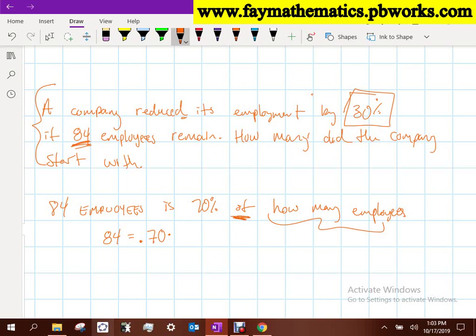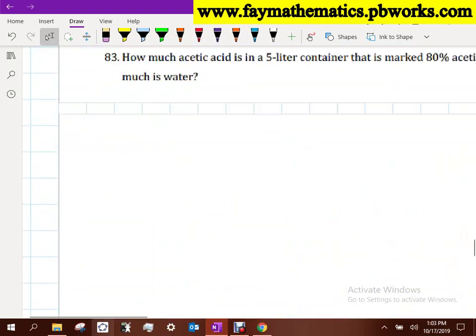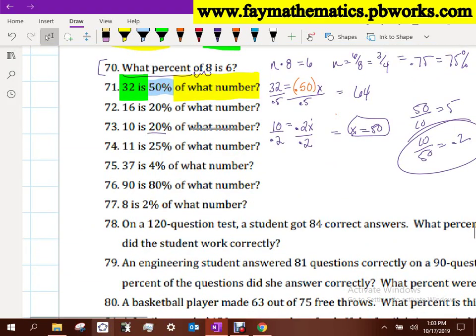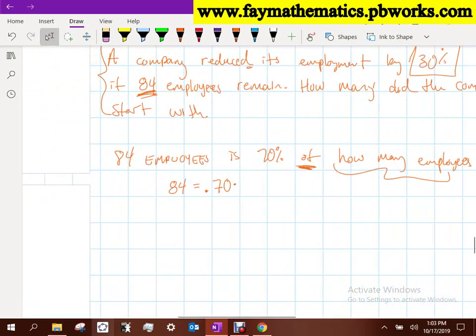That's analogous to the problems up here that said what number. So this becomes my x. Can I take 84 and divide it by 0.7? What's that give me? So x is 120.